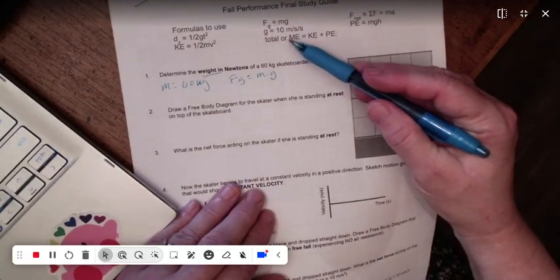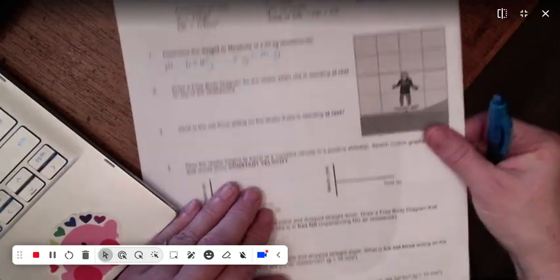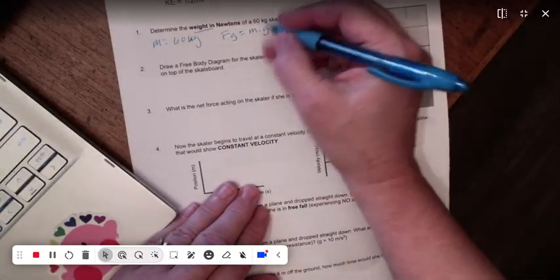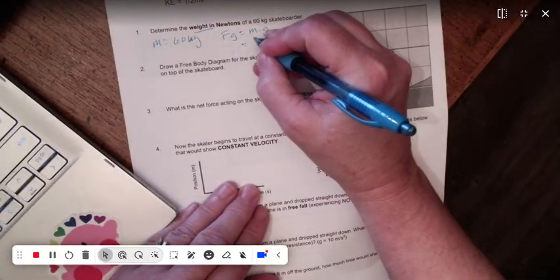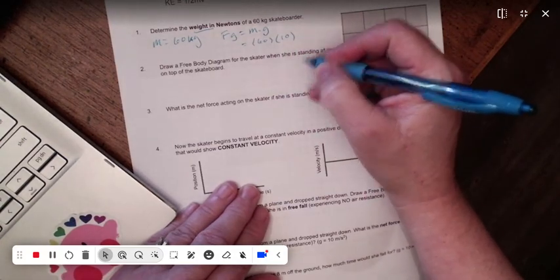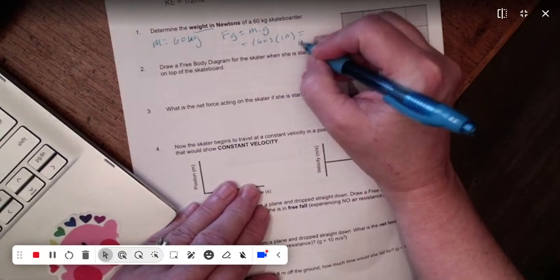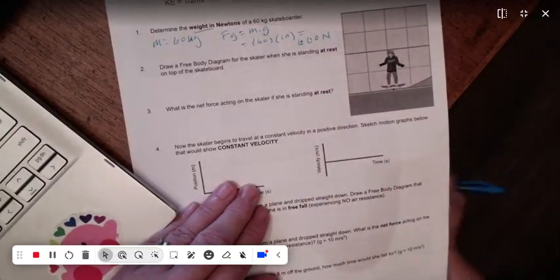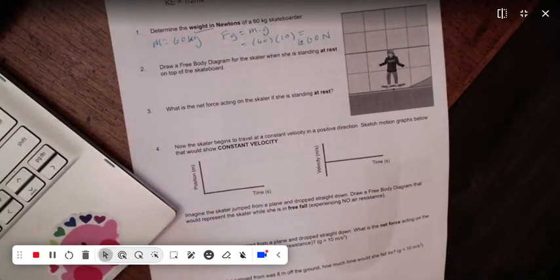Up here it says we can use 10 for g, so we're just going to use 10 instead of 9.8. So 60 kilograms times 10 meters per second squared gives me 600 newtons. That's her weight.